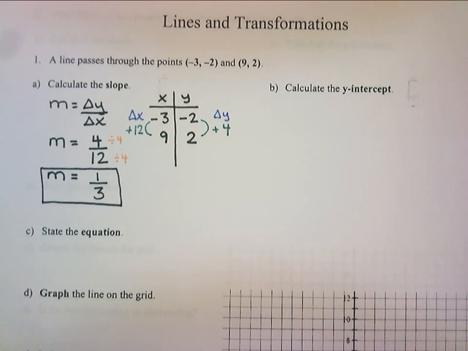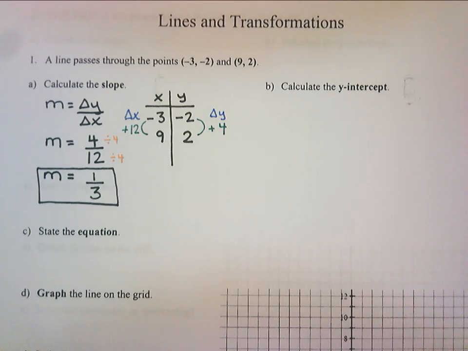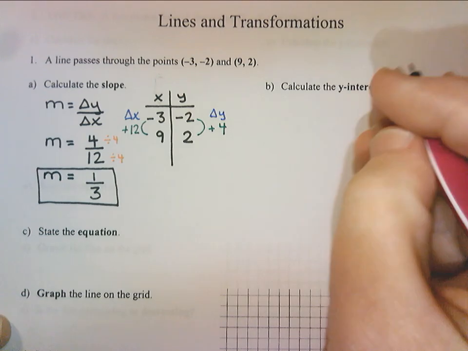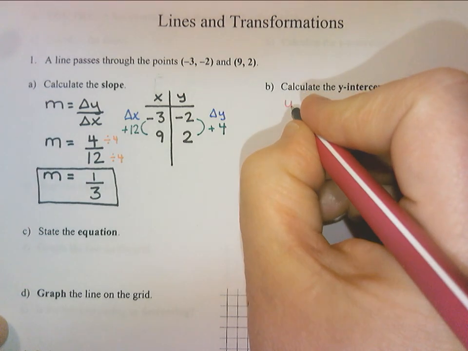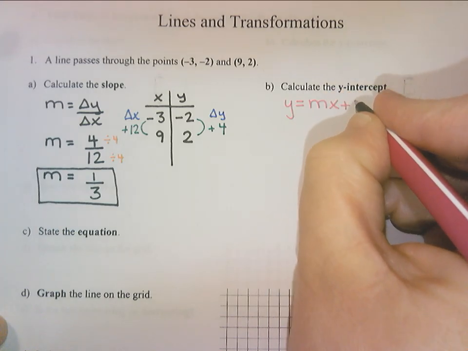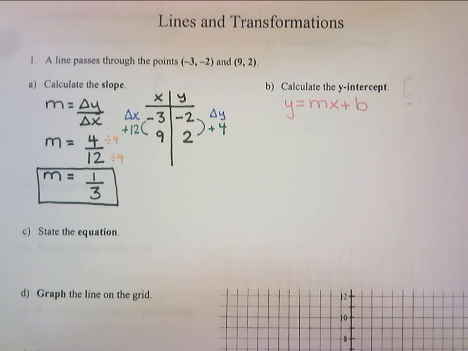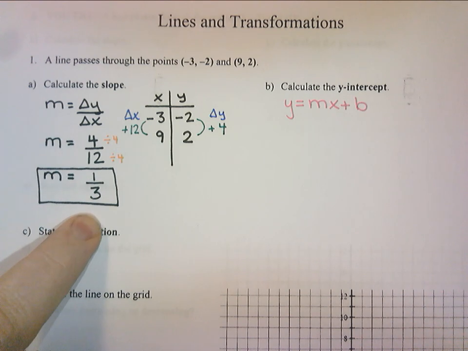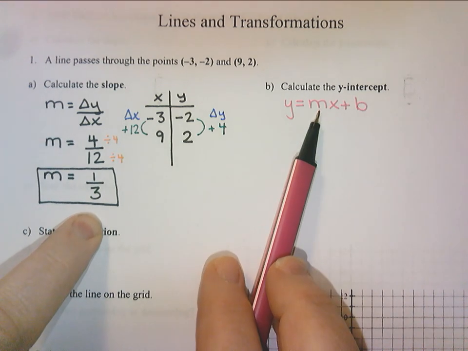Okay, our next step is to calculate the y-intercept. So we talked about this last week. When we calculate y-intercept, we take the formula for the line, y equals mx plus b, and we put all the things in that we know. So I now know the slope because we just calculated that.